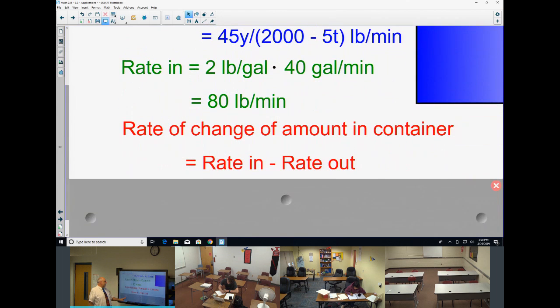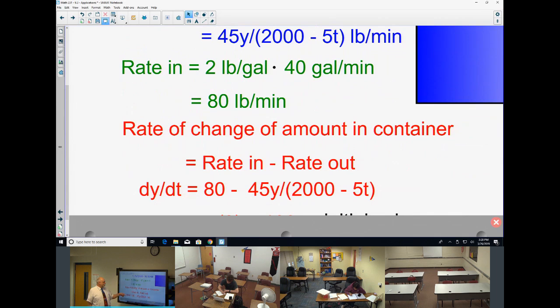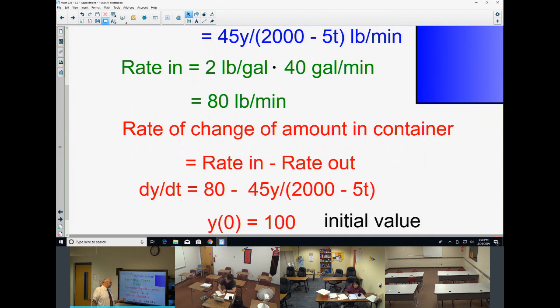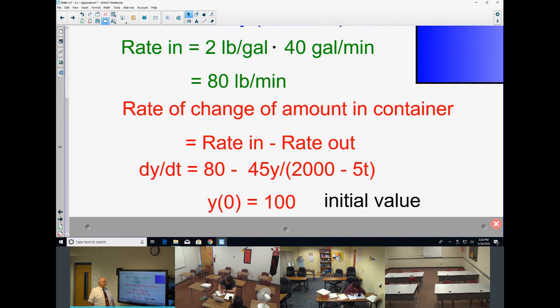So dy/dt, the rate of change, is 80 minus 45y divided by 2000 minus 5t. And then y(0) equals 100, that's our initial value. That's saying before we start pumping in or out, we have 100 pounds of the additive in the container to begin with.